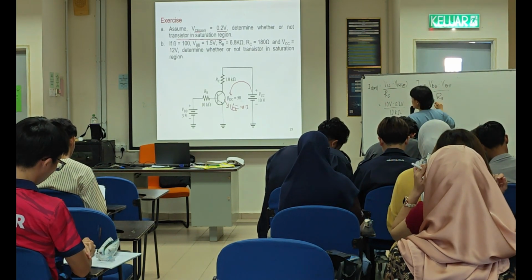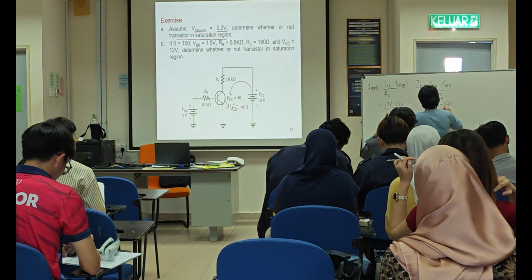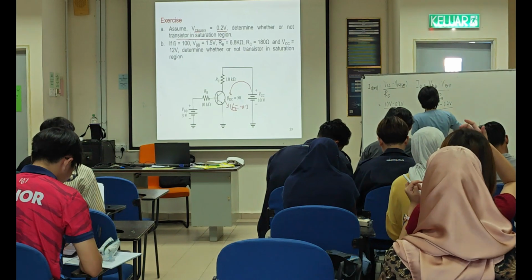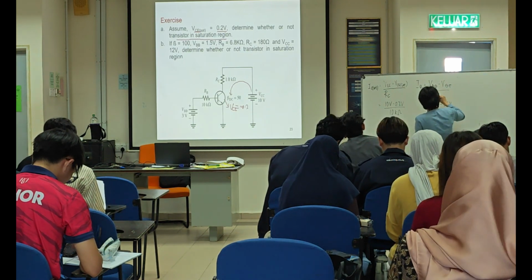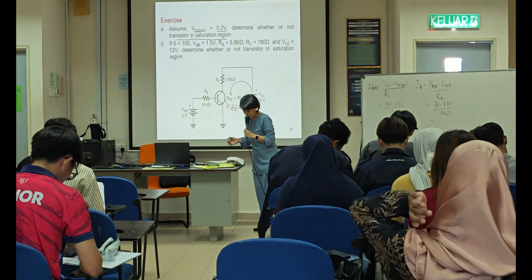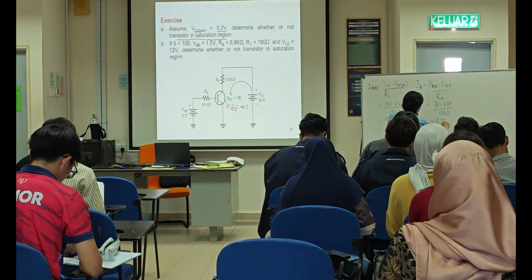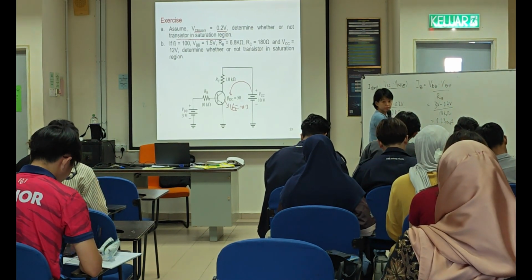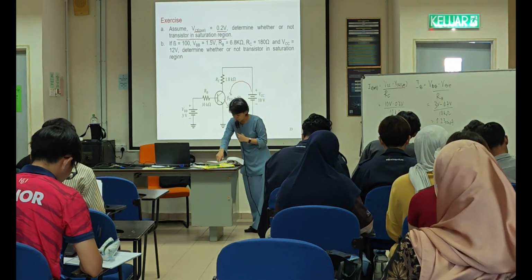VBB is 3 minus 0.7 volt, divided by your RB, 10 kilo ohm. How much? 0.23 milliampere. So now you know your IB already.